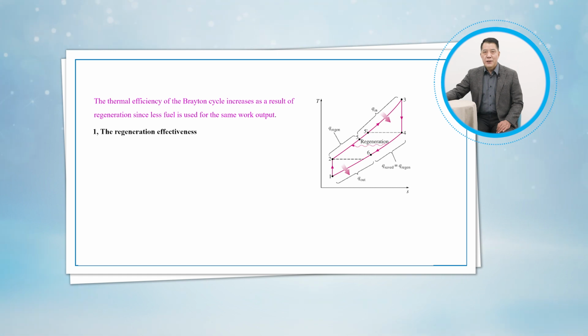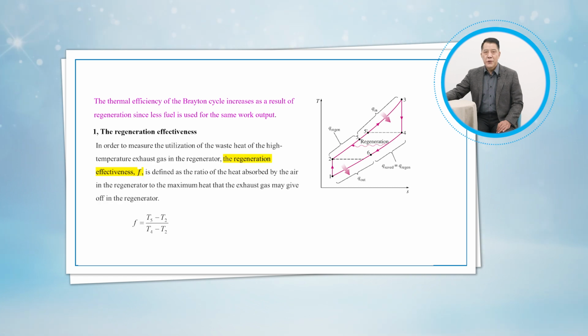Firstly, let's talk about the regeneration effectiveness when a regenerator can be reasonably used. In order to measure the utilization of the waste heat of the high temperature exhaust gas in the regenerator, the regeneration effectiveness ε is defined as the ratio of the heat absorbed by the air in the regenerator to the maximum heat that the exhaust gas may give off in the regenerator.